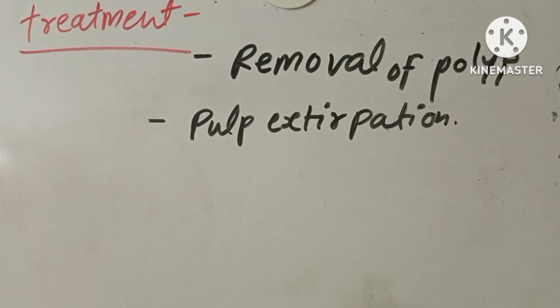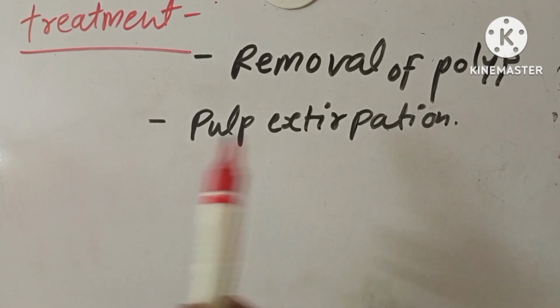So what are the treatments of the chronic hyperplastic pulp polyp? The treatment is removal of the pulp, or pulp extirpation. When the pulp polyp is cut, there is no pain, but when pressure is given on the pulp polyp, pain occurs.